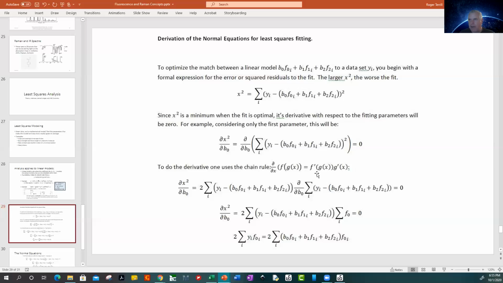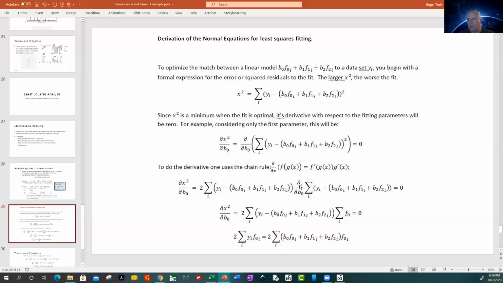F prime of g of x is just the derivative of the f function here. We have to define f. So f is going to be this thing squared, so the derivative of f is going to be 2 times the function.